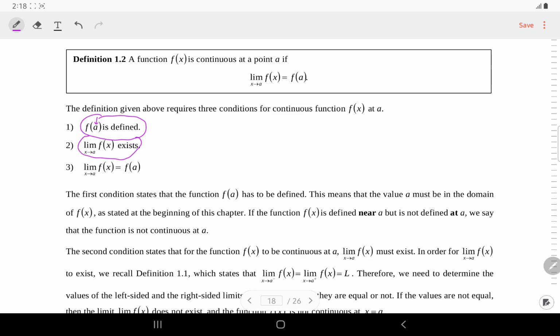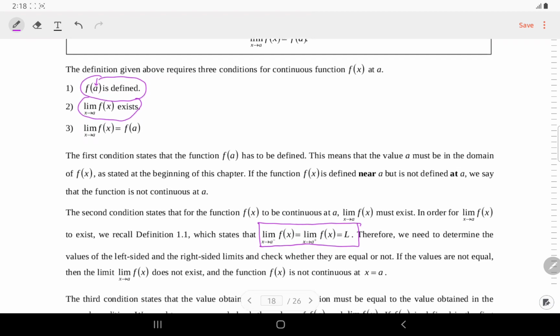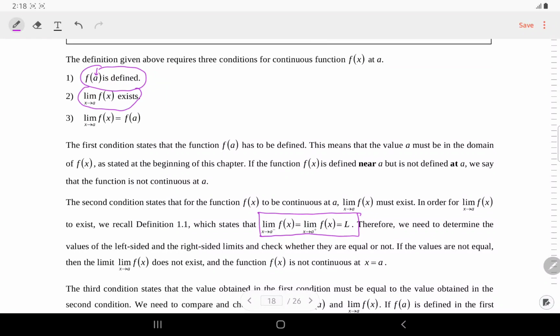We have this formula, which states that if the left limit and the right limit are both equal to L, then we can conclude that the limit of the function is equal to L and the limit exists.